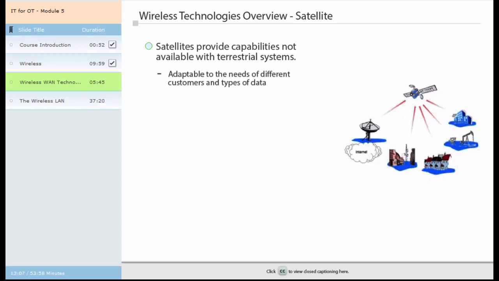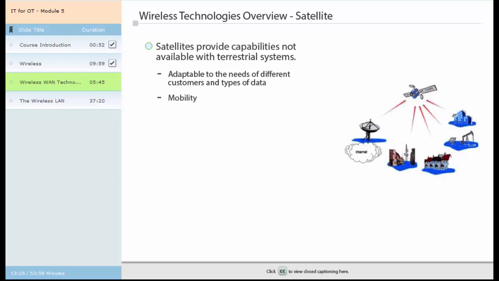These advantages include: satellite systems are adaptable to the needs of different customers because satellite systems can be deployed using various frequencies and bandwidths and can accommodate different types of data. For example, satellite systems are commonly used for video broadcasts.